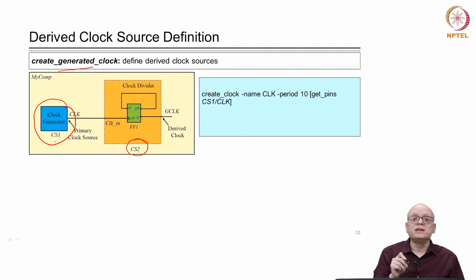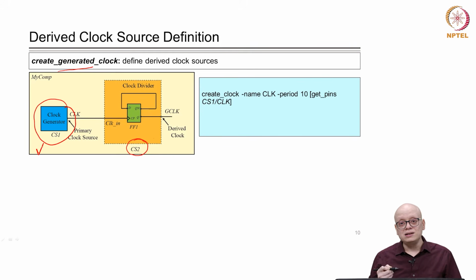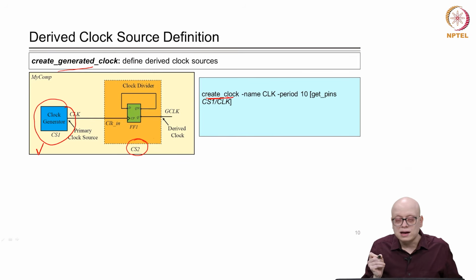First we have to define the master clock. This is the master clock CS1, which is the primary clock source. We have to first define the characteristics of the master clock. So, we use the command create clock as we saw in the last slide, and then provide a name, CLK in this case, and the period.